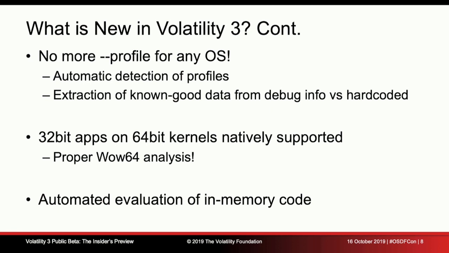And of course, once we load the symbol tables, we don't have to search for KDBG debugger data, so that's another speedup we get. We don't have to search for the KPCR or any of the bits and pieces like that. And we can simply go, tell me where your active process head offset is supposed to be based on this kernel image, and it'll jump straight to it. And that gives us a real speed boost.